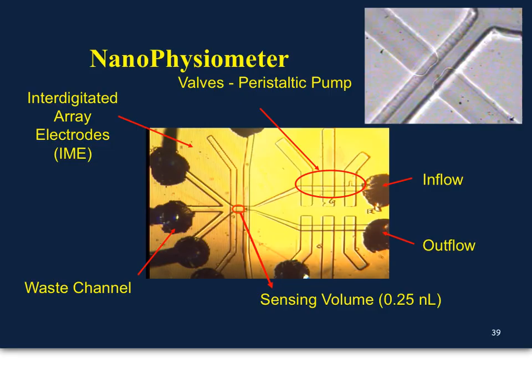And here is the device again, where you can now appreciate in more detail the valves in the control layer, which comprise 8 different valves here that you can control, and then the actual fluidics layer that contains the analytes and the cell that you're actually interested in manipulating and sensing.